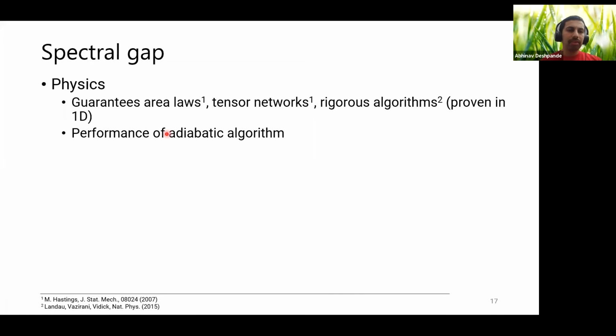We also know that the performance of the adiabatic algorithm is decided by the minimum spectral gap from the initial to the final Hamiltonians. But in Hamiltonian complexity, on the other hand, I would say that the spectral gap is somewhat less well understood.